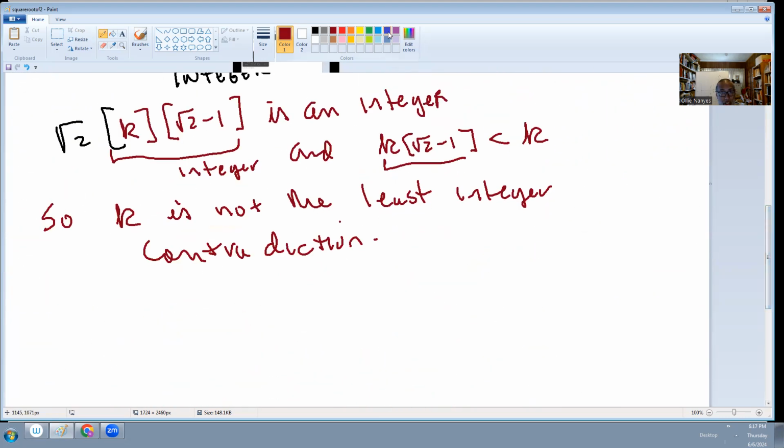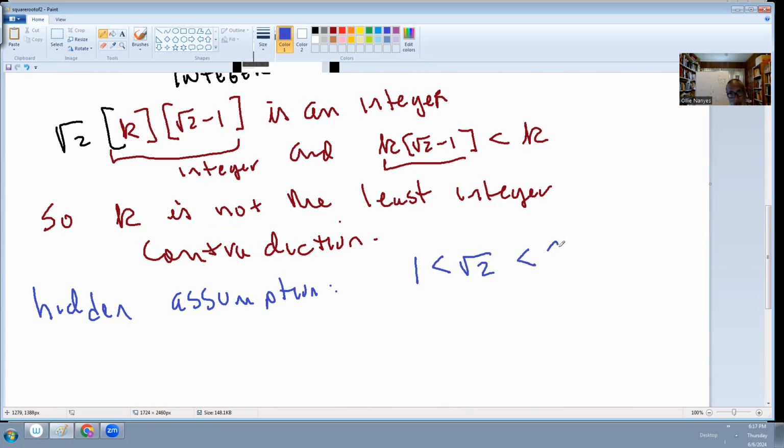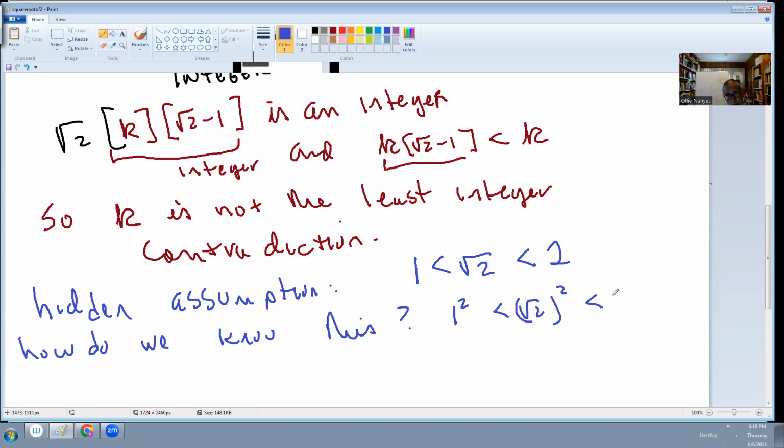Now, the last little bit, the hidden assumption. The hidden assumption is that the square root of 2 is between 1 and 2. Now, how do we know this? Well, we know this because if we apply the squaring function, we get 2 and 4, which is true.